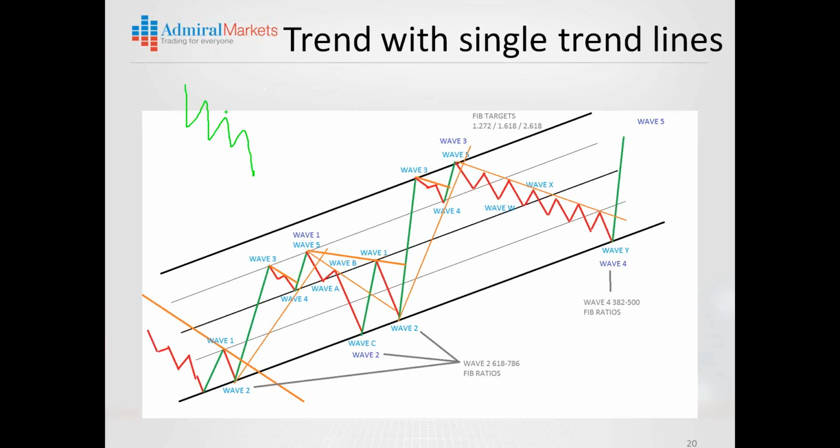If it corrects like this, and you put a trend line above like that, and it breaks through it, then the currency could be ready for the next impulse. So that's why these trend lines are so important, because they give the indication when the impulse is over and when the correctiveness is over. When the impulse is over, we want to take our profit, basically. When the correctiveness is over, we want to either stay in the trade, or add to the trade, or take our first trade, whatever, you know what I mean.